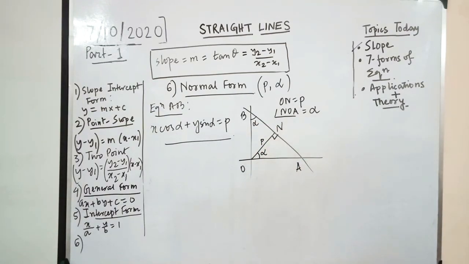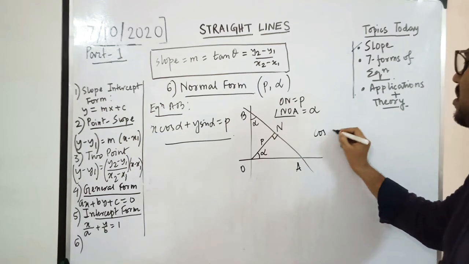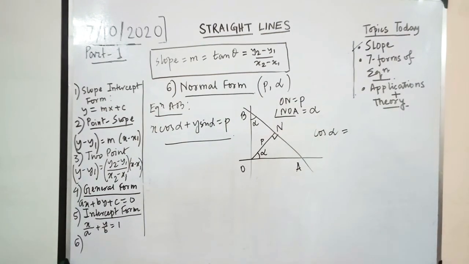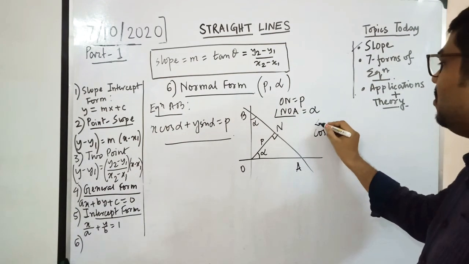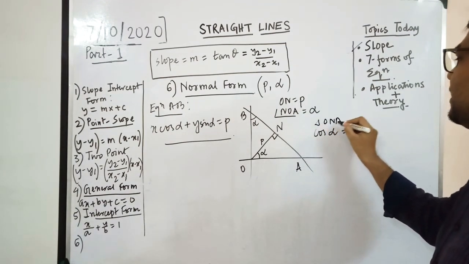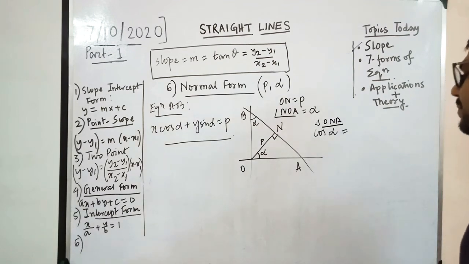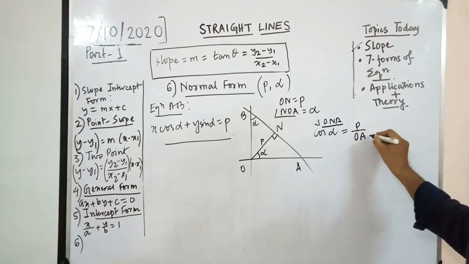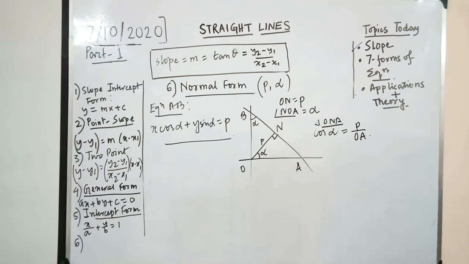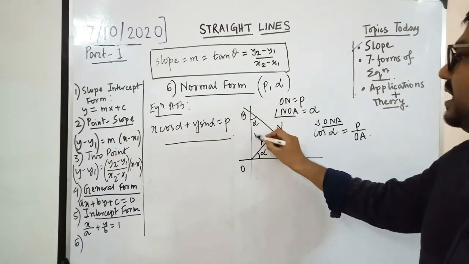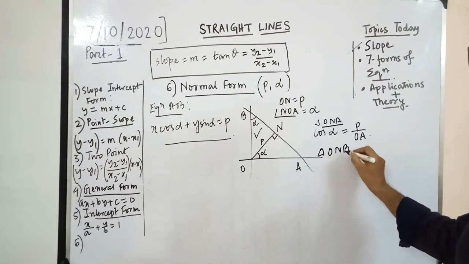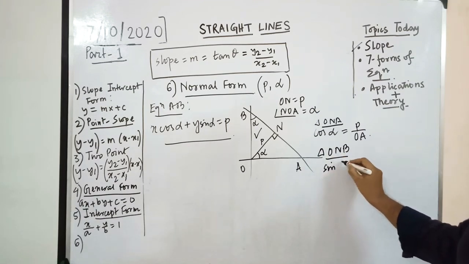So we find cos alpha from here. What is cos alpha in triangle ONA? Cos alpha will be perpendicular by hypotenuse, so P by OA. Now if I see triangle OBN, I find sin alpha.